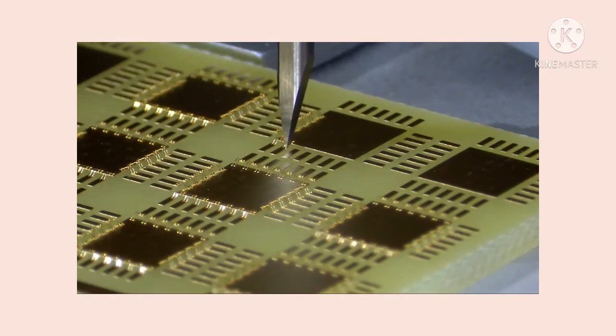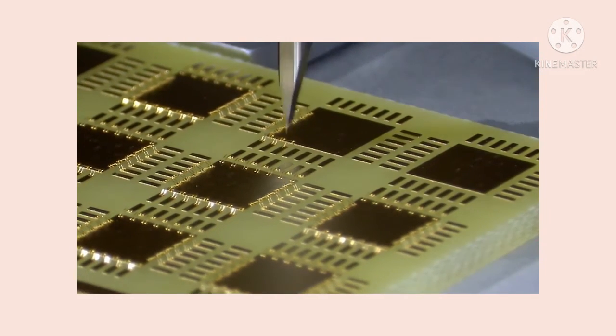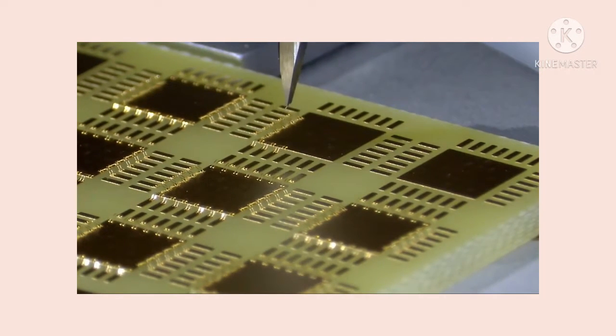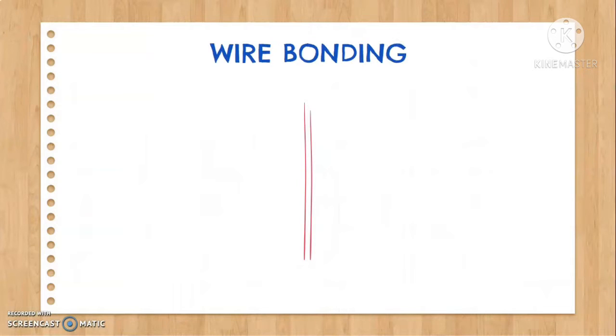This is the wire bonding process. This process enables an IC to be electrically interconnected to the package. The advantages of wire bonding are, first, flexibility: wire interconnects can span considerable distances and height differences between interconnect points.